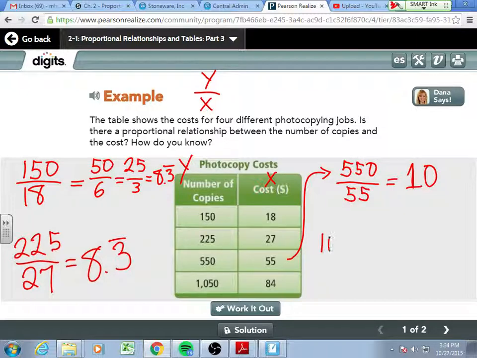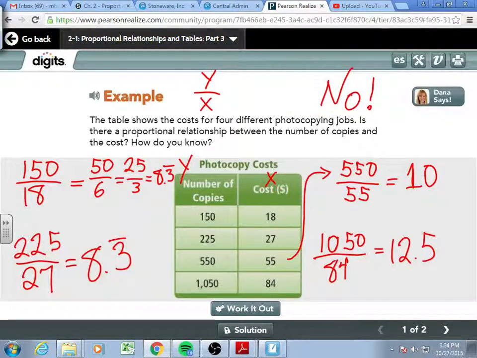And then my last one, 1050 divided by 84, gives 12.5. Is this proportional? No. Your ratios come out to different values.